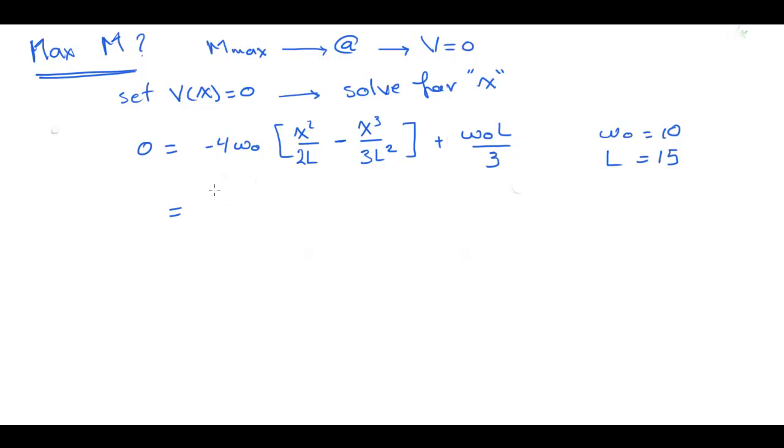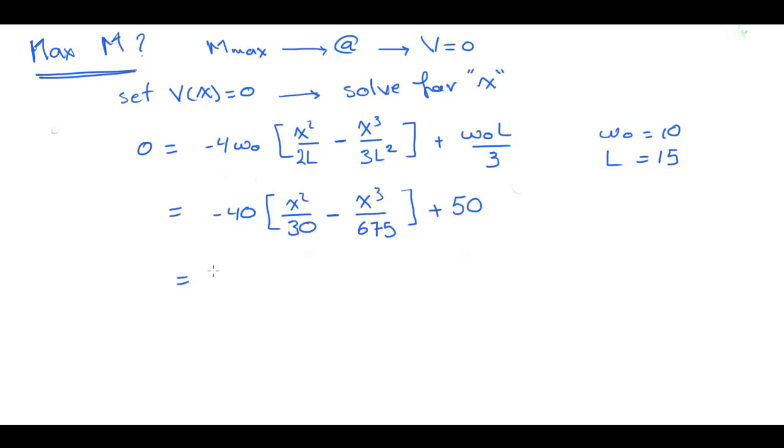So what do I have here? I have minus 40 times x squared over 30, that's 2L, 2 times 15, minus x cubed over, well, that's a huge number, 675, that's 3 times 15 squared, plus 10 times 15 is 150 over 3, that's 50.